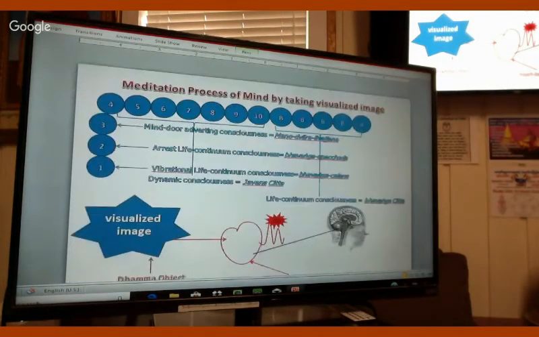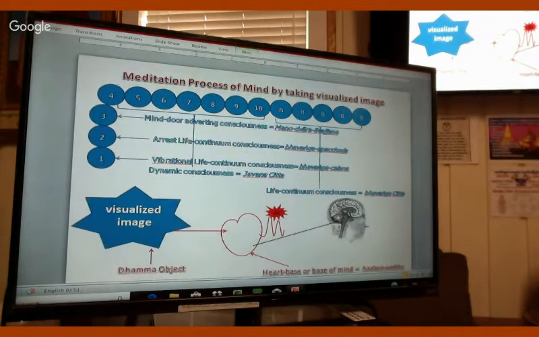With the virtual image, the process is the same. Only the image changes, to a virtual image. So there is no need to use your eyes. For the first preliminary stage, sometimes you need to open your eyes, sometimes close, open, close. But at that stage, it is a completely virtual image, completely imaginary.